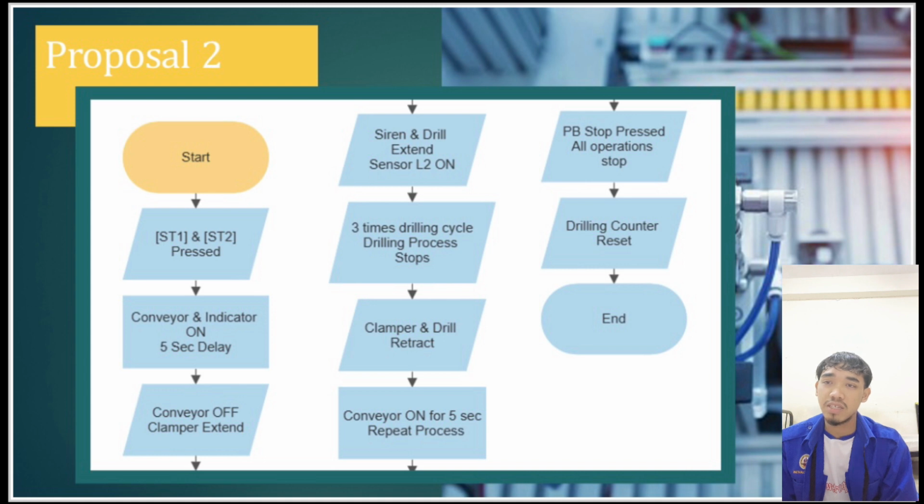Then there is a 3 times drilling cycle. After that, the drilling process stops, and the clamper and drill retract. Then the conveyor is on for 5 seconds and the process repeats. Then when the PB stop is pressed, all operation stops. Then the drilling counter resets, and that is the end of the process.